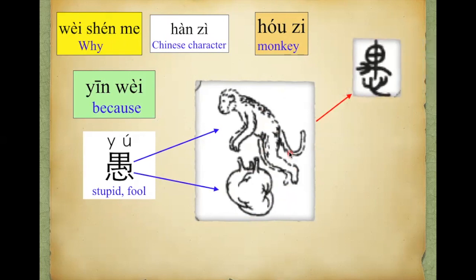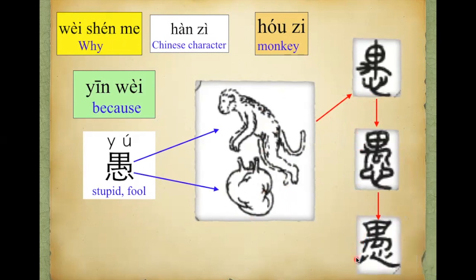And then the 猴子 and the heart, 心, gradually evolved each part like this, finally become 汉字鱼.